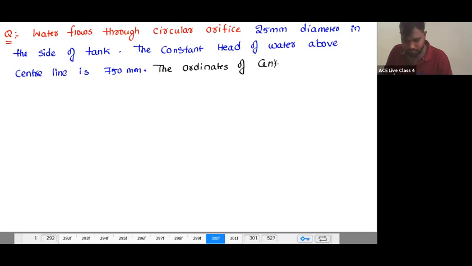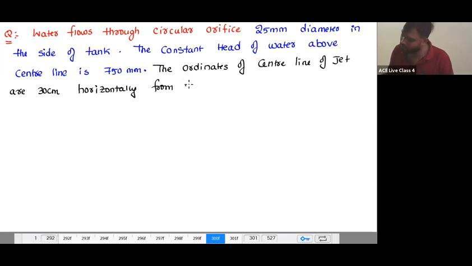And the ordinates of the center line of the jet are 30 centimeters horizontally from the vena contracta, and 3.2 centimeters vertically below the center of orifice.